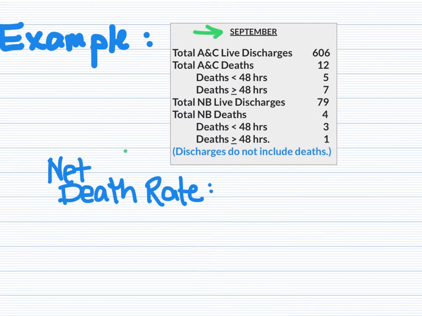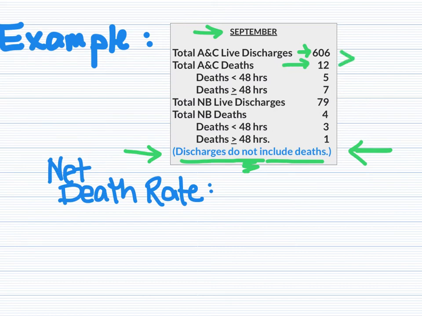I do want you to note here, though, unlike our last calculation, it says that this data, discharges do not include deaths. So what they're saying is we have live discharges and we have deaths, which are also discharges.